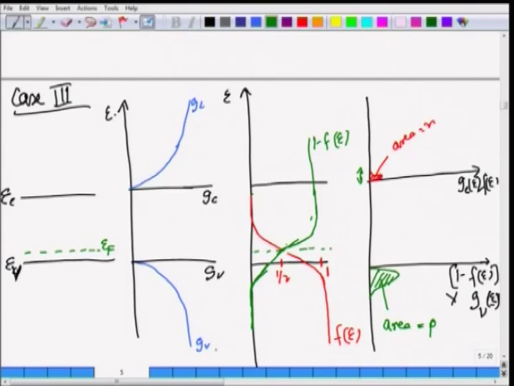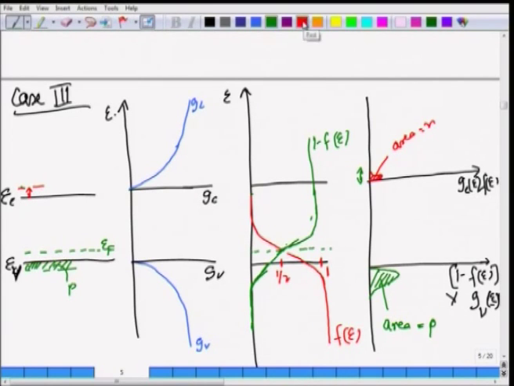Second thing is that notice that at this value of n, electrons will not live exactly at EC because the density of states is 0, but electrons live only slightly above the conduction band edge, only in the small region right here. In the small region here electrons live, and in the small region here holes live.